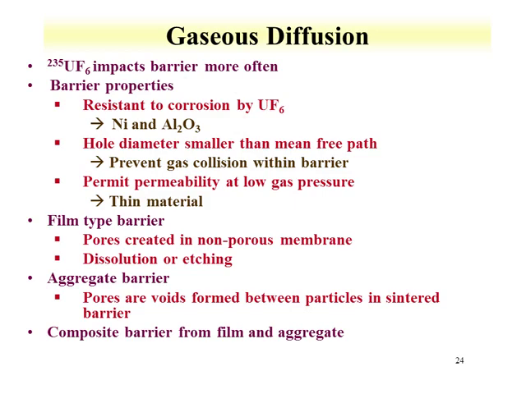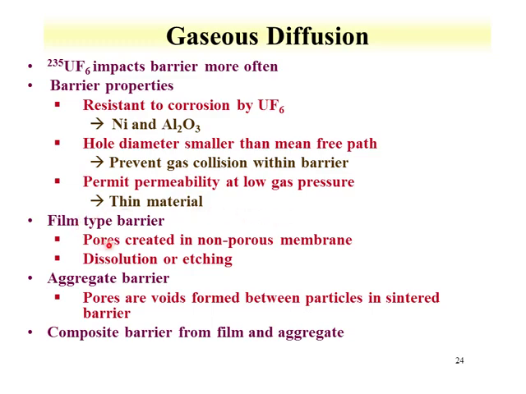This includes the use of nickel or aluminum oxide. Also some engineering parameters. The hole in the barrier, the diameter, needs to be smaller than the mean free path so that it prevents gas collision within the barriers, so that the uranium wouldn't be diffusing back out. And it needs to permit permeability at low gas pressure, so you need very thin material.